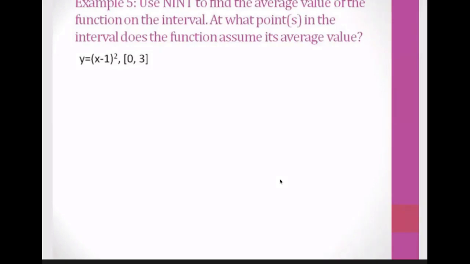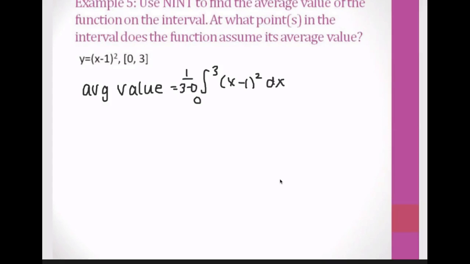So f of c, or the average value, is equal to the integral from a to b of my function divided by the upper minus the lower bounds to give me the average.